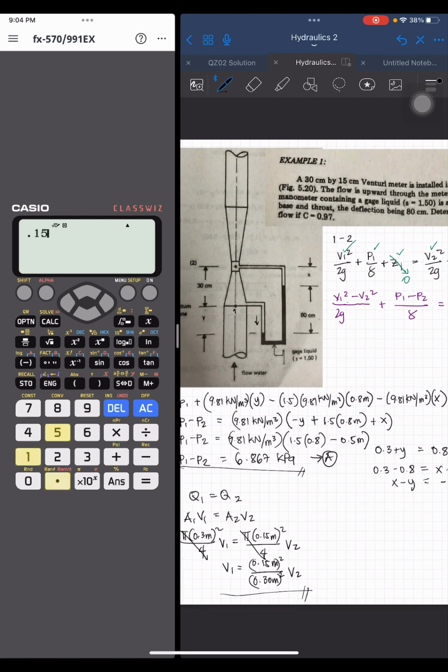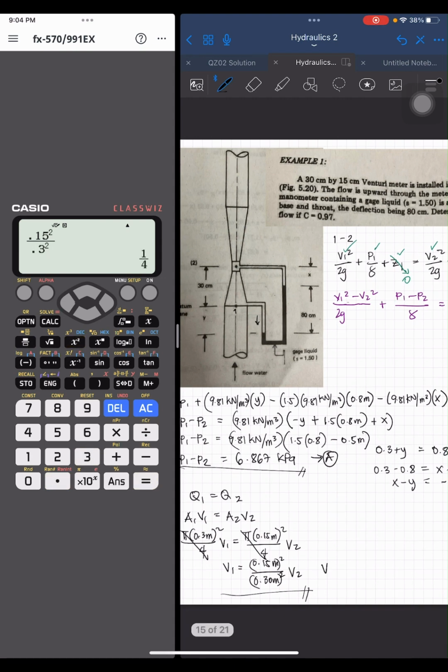So, 0.15 squared over 0.3 squared equals 1/4, which is V1 is equal to 0.25 V2.